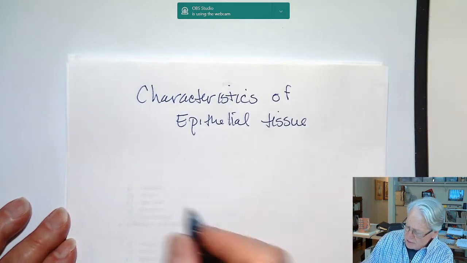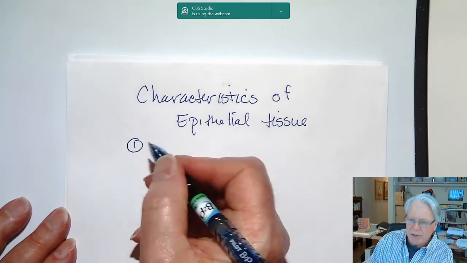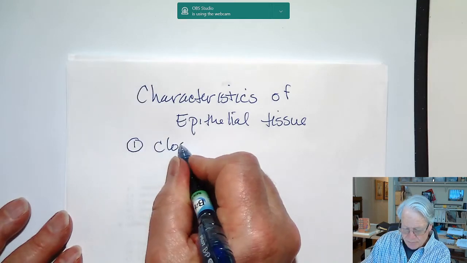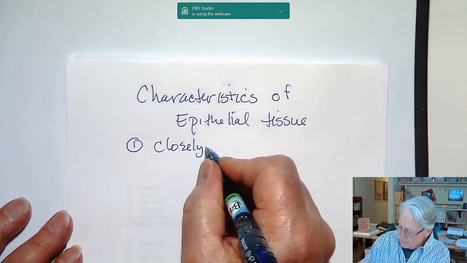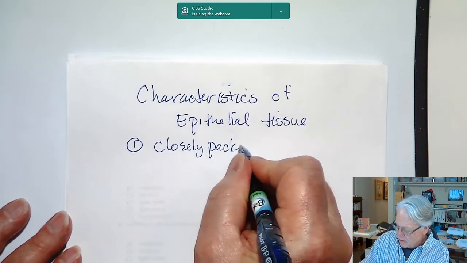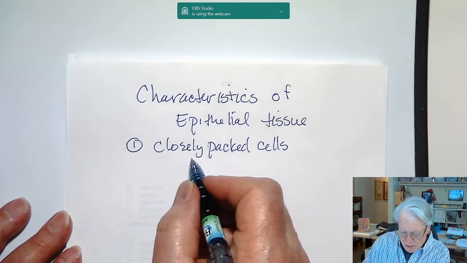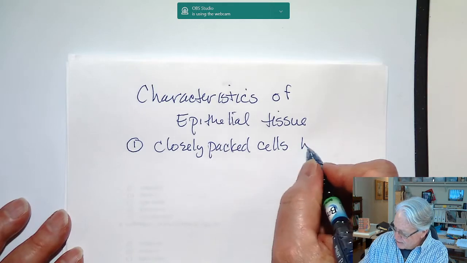Right. Number 1, when we look at epithelial tissue, what we're going to see is a lot of closely packed cells held tightly together.